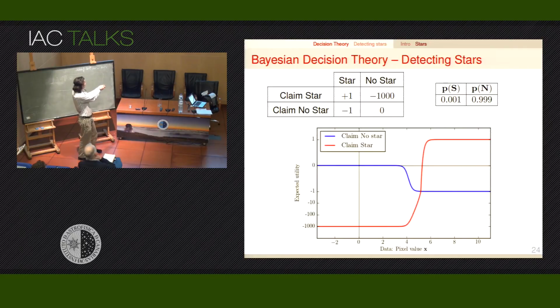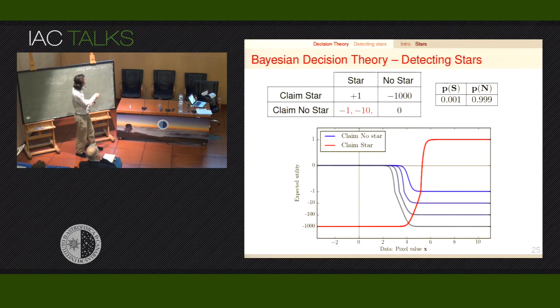And the other thing to say is that when the data are conclusive, your expected utilities converge to the utilities you wrote down.